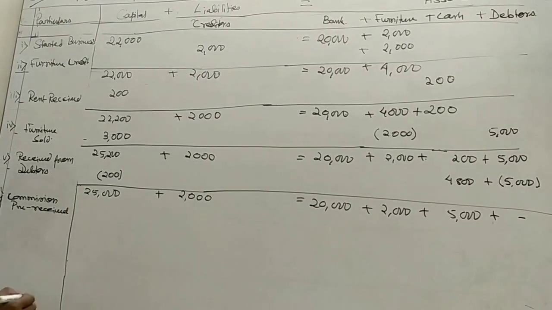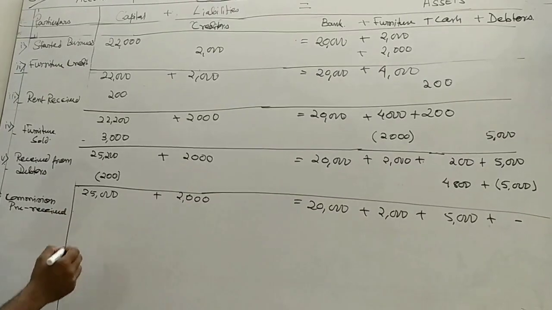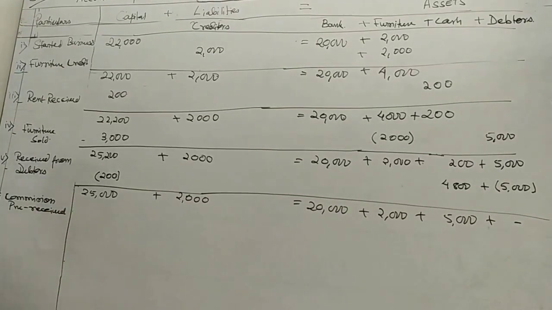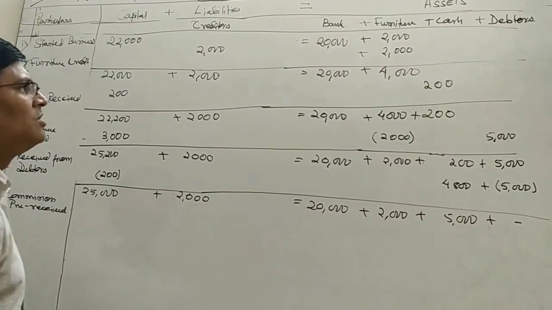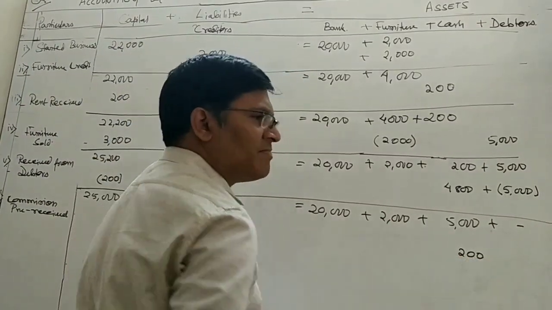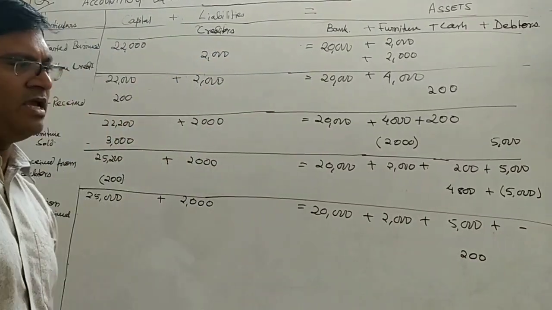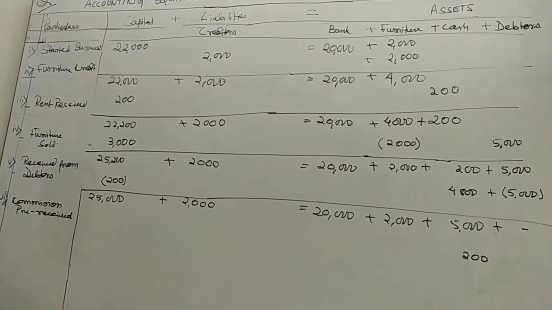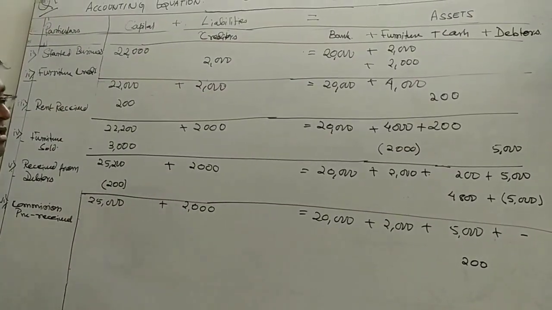Commission pre-received means you have received excess commission, you have received extra commission, your cash balance has increased by that 200. And commission pre-received then needs to be added with your pre-received commission.